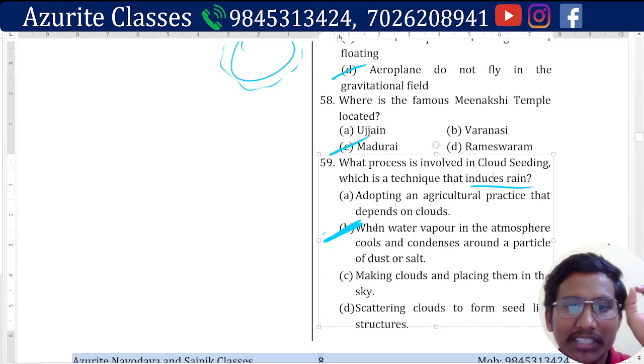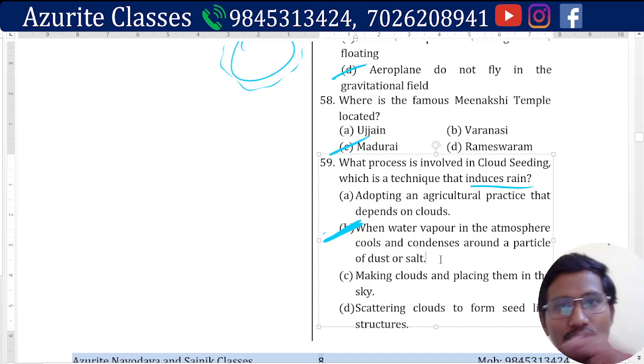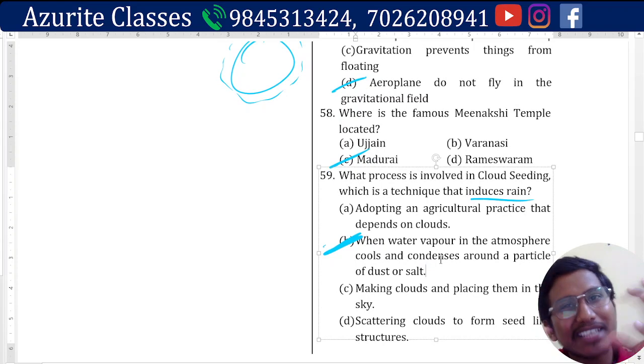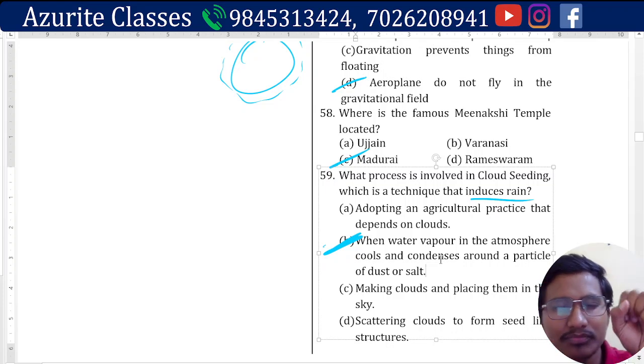So that is what they do when water vapor in the atmosphere cools and condenses around a particle of dust or salt. So what they do, they fly a plane, and in that plane there will be some chemicals. They throw those chemicals in the cloud. So that water in the cloud will stick to the dust and the chemicals. So that will become heavy. Then it will fall down, right?